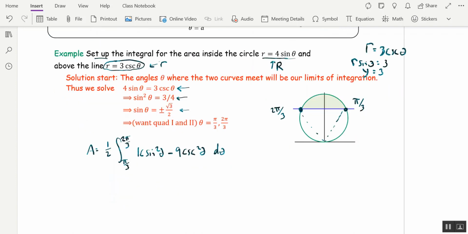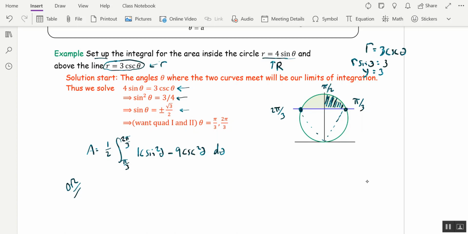Okay, now one thing I want to point out, you could evaluate that integral. So we're done with the setup, but in terms of evaluating, you could evaluate that, but it would be easier to introduce a quadrant angle and use symmetry. So what if we found the area of just half the region and multiplied our answer by 2? Now the advantage that would give us is when we evaluate the integral, one of our limits would be pi over 2.